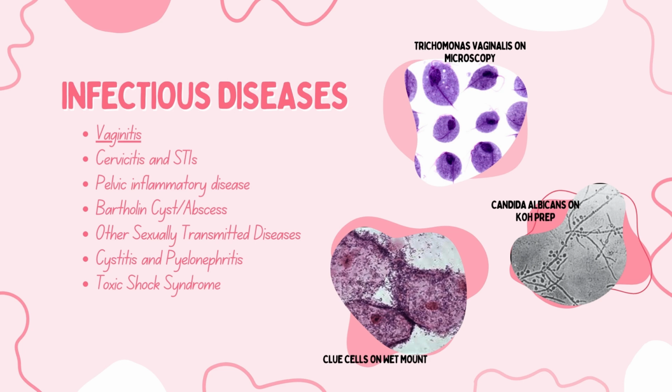Another tool to diagnose is microscopy, where, like I said, you'll see very few white blood cells, very few polymorphonuclear leukocytes, and few lactobacilli. Treatment. Oral or vaginal metronidazole is the gold standard or first line. If you're going to go with oral treatment, it's 500 milligrams twice a day for 7 days.